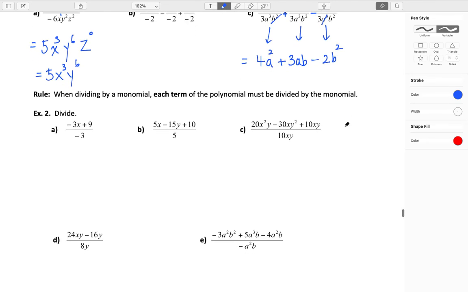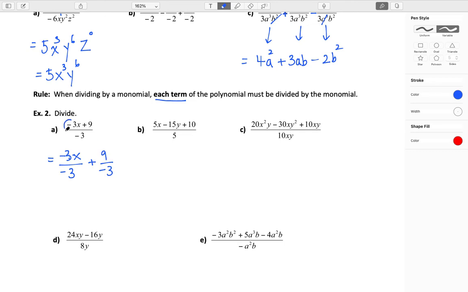Now, but what if you were given a division that is not separated? What you need to do is make sure you do the division for each term. So I'm going to show you step by step. Negative 3x over negative 3 plus 9 over negative 3.